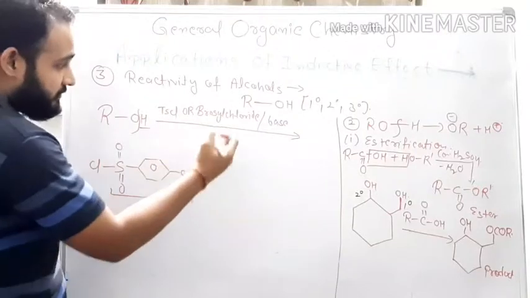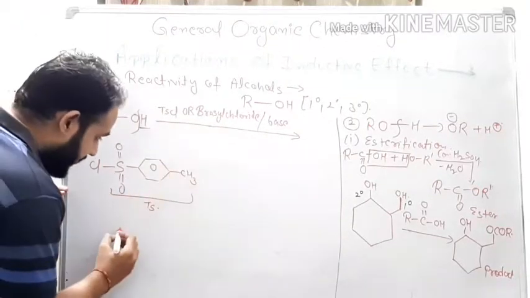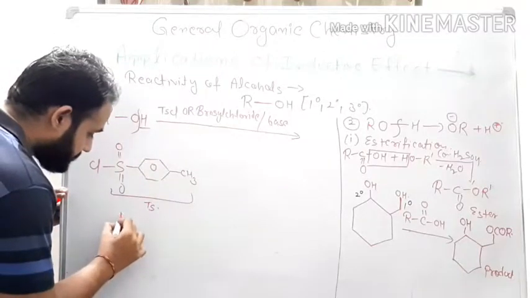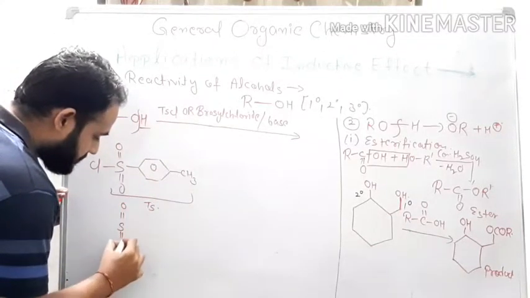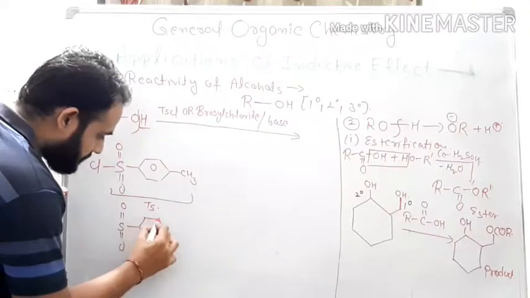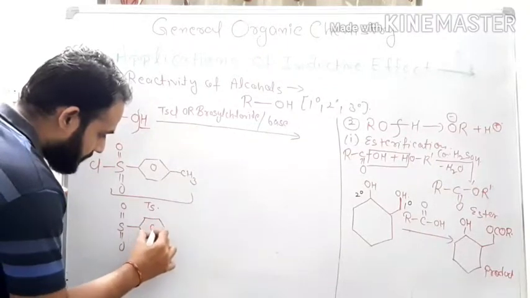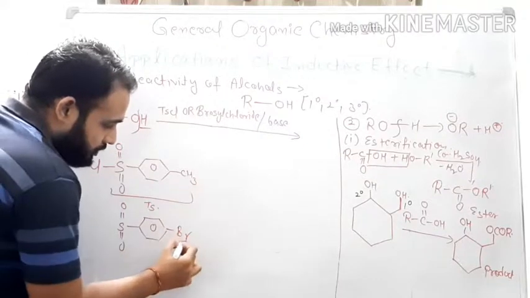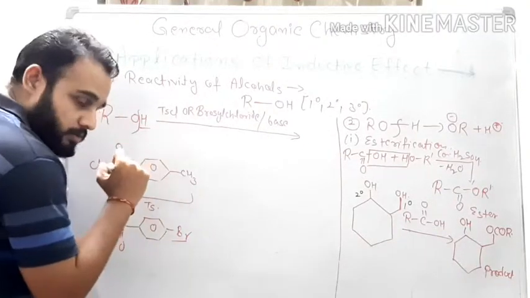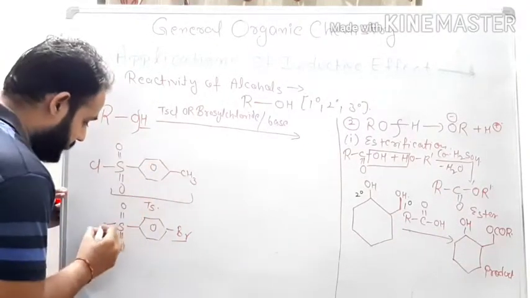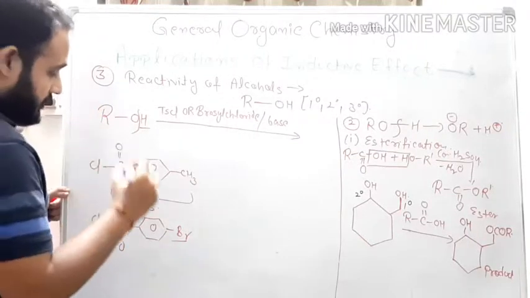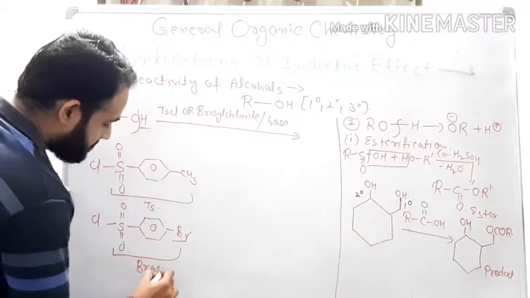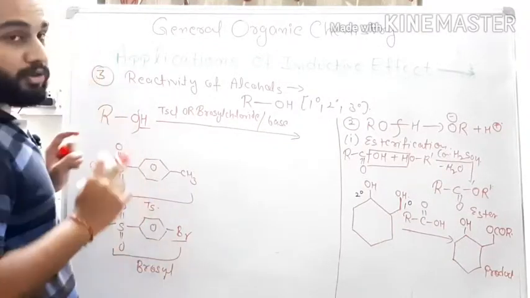Now if we talk about brosyl group, what is brosyl group? Just one difference. See, here Br group is attached on the position of CH3, and Cl. It is called brosyl group. It is a tosyl, it is a brosyl group.